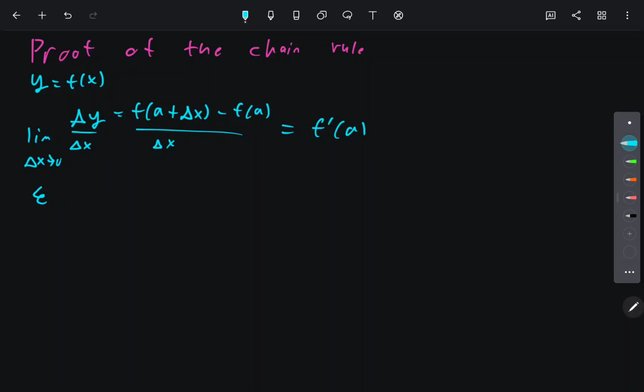And the limit as change in x goes to 0 for this epsilon is actually going to be the limit as the change in x approaches 0 of the change in y over the change in x minus f prime of a.